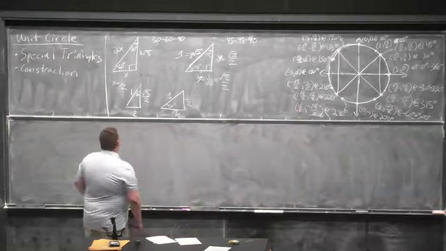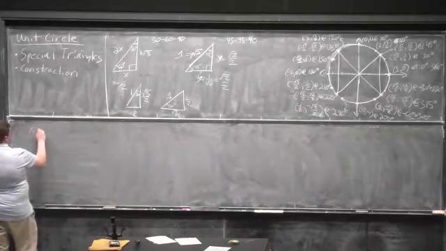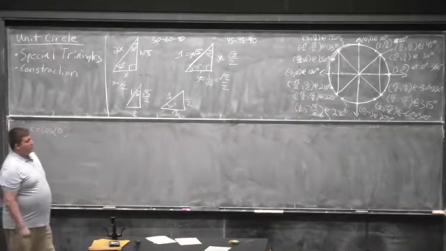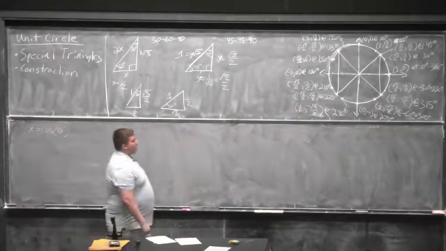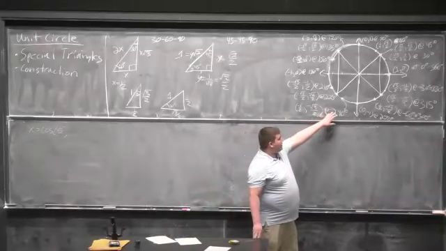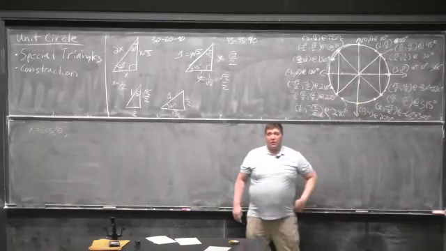Why? Well, that's simply because x equals cosine of theta. When we have the unit circle, our x coordinate is the cosine of theta.